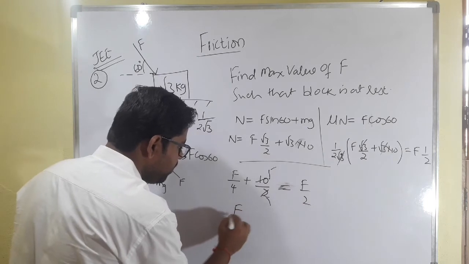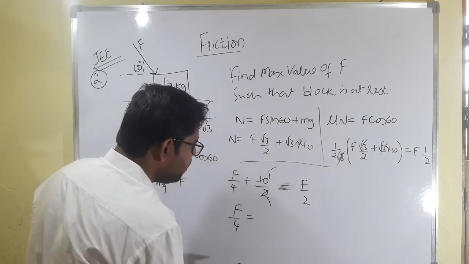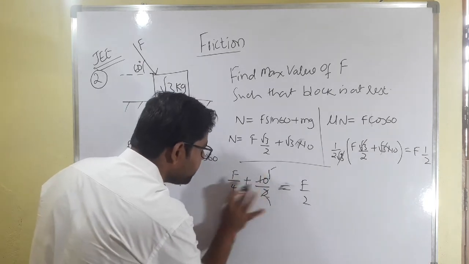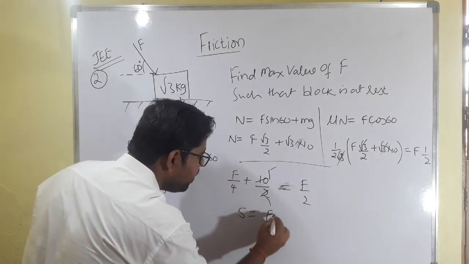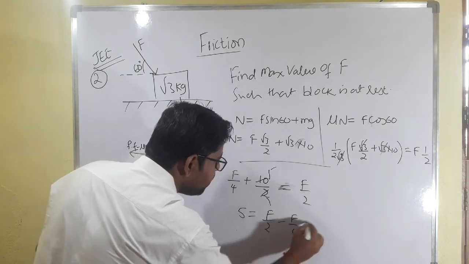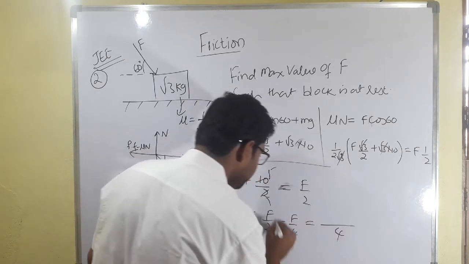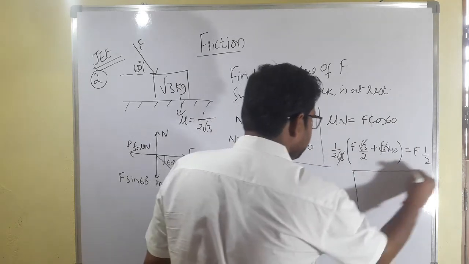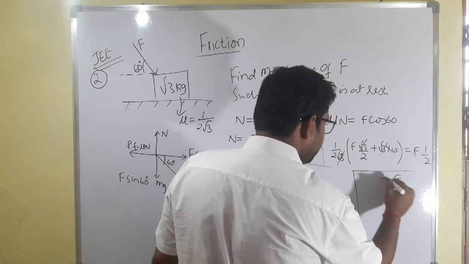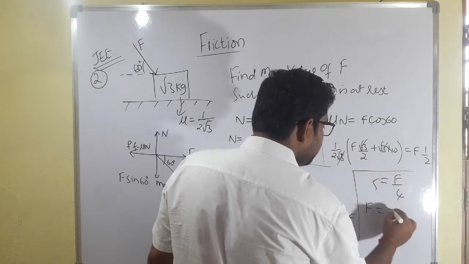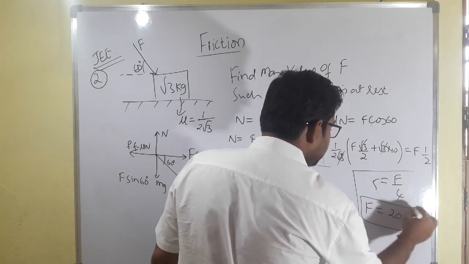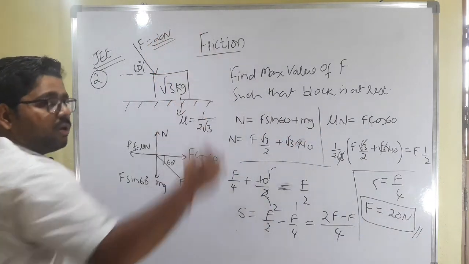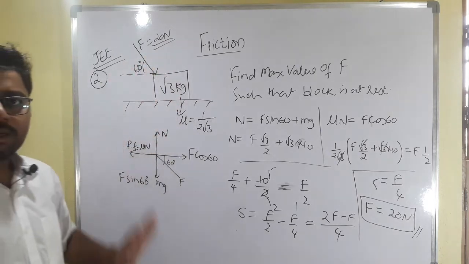Take this F by 4 to that side: 5 is equal to F by 2 minus F by 4. This implies, taking LCM 4, 2F minus F by 4 is equal to 5, so F is equal to 20 Newton. So the value of F is 20 Newton. If you apply 20 Newton of force, the body comes to rest.